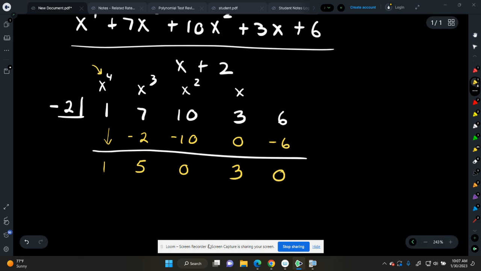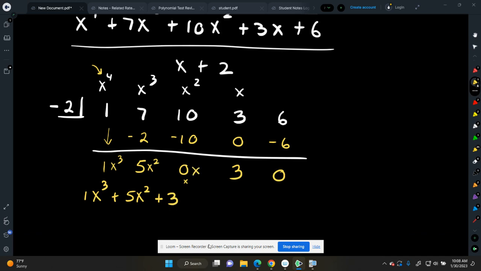So what's this one going to be? 1x to the third plus 5x squared. Now this one is x, but it's a 0, so we don't write that. So it's going to be plus 3. Okay, this was x to the third, x squared, x, and then that's our constant.